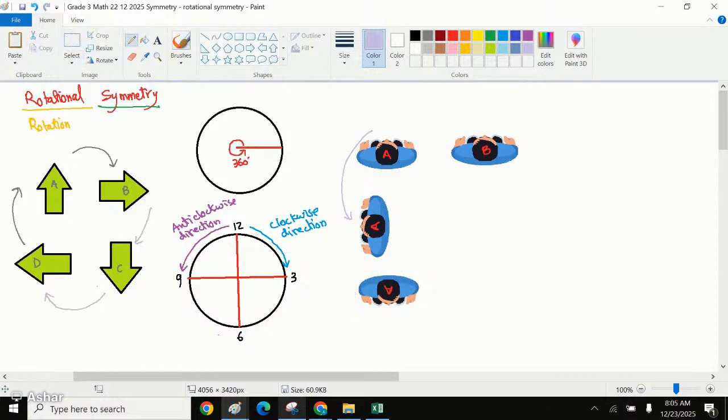But if we look at the other case, if one student was turning from the left side, and they are facing this position now. First they were facing this position, right? But the other student, rather than turning from the left side, can also turn from the other side.